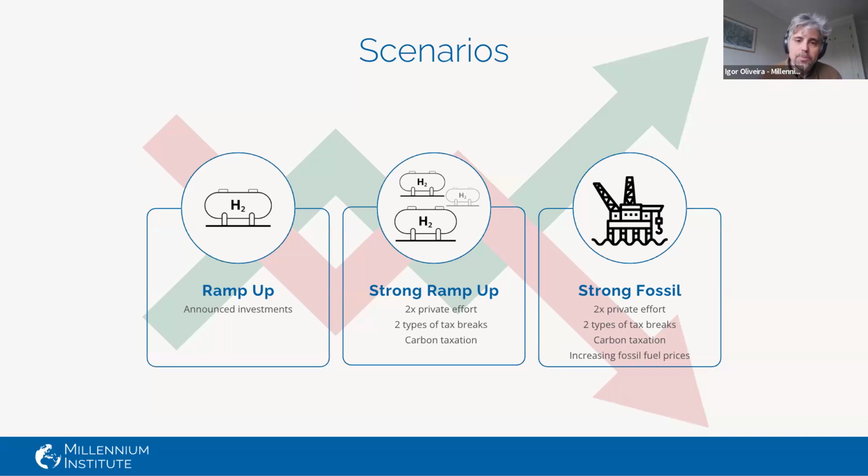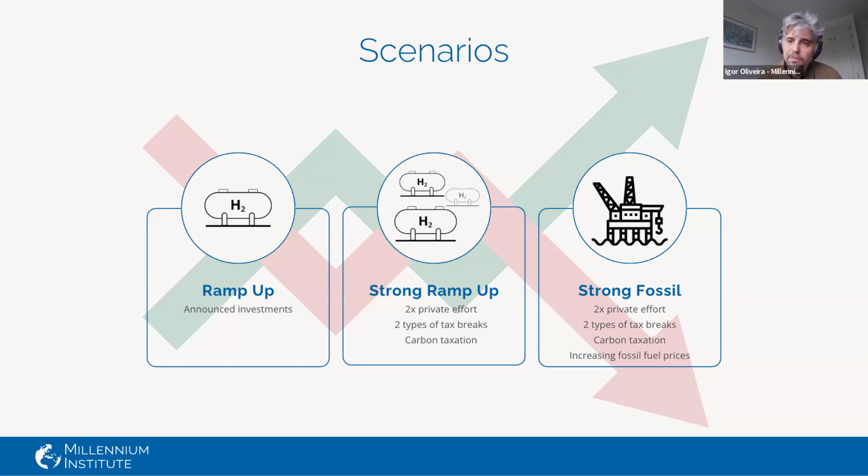Then we had a stronger ramp-up scenario, which doubled this assumption in terms of the announced investments and introduced 2 different types of tax breaks to green hydrogen. It also introduced a carbon taxation in the country.